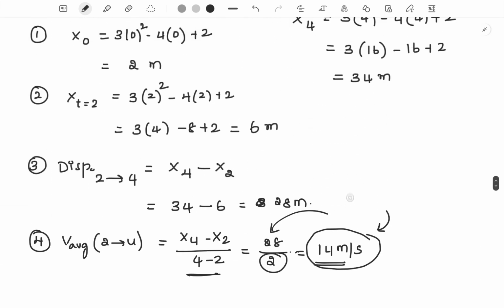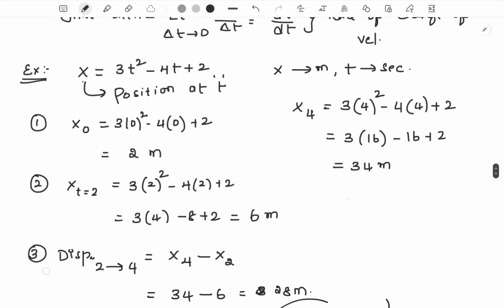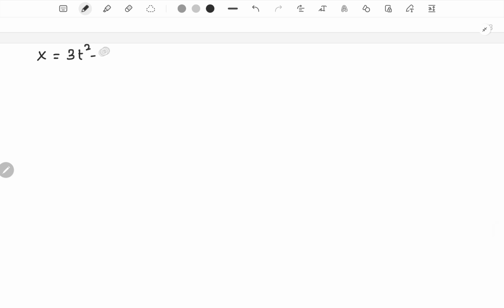Since we know that x is equal to 3t square minus 4t plus 2, let's calculate instantaneous velocity. Instantaneous velocity, or I can just write it as v, is equal to the rate of change of position of that particular particle.